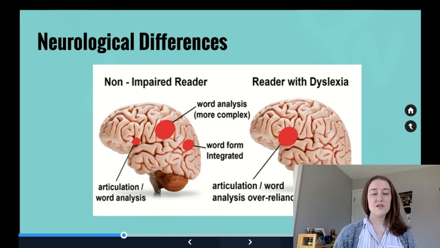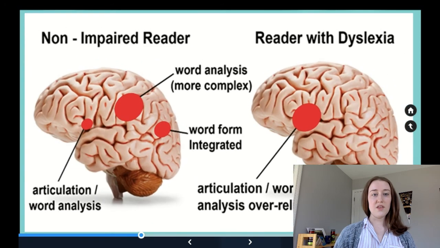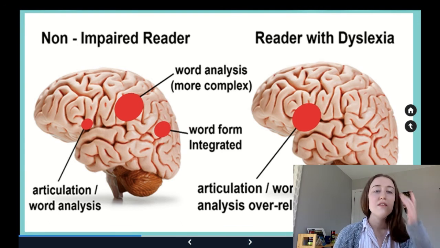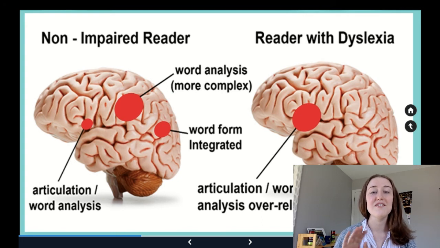Yeah, I also wanted to talk to you guys about some neurological differences that you might see in the brain of a typically developing reader versus someone with dyslexia. These examples show the activation of the areas of the brain when someone is reading.